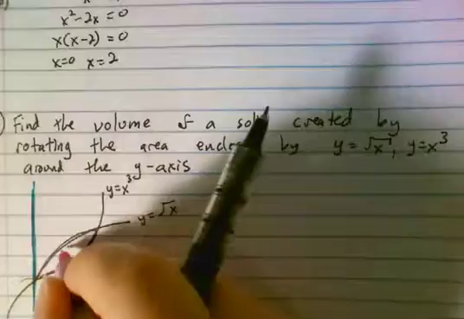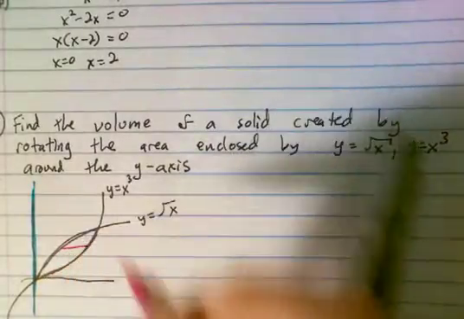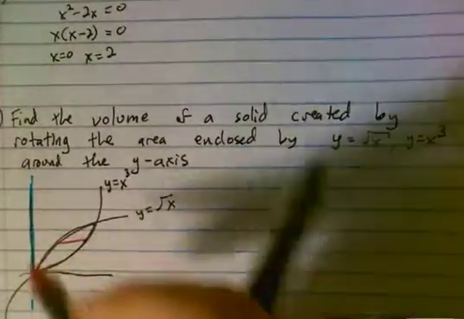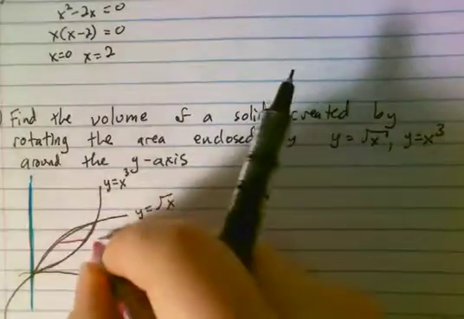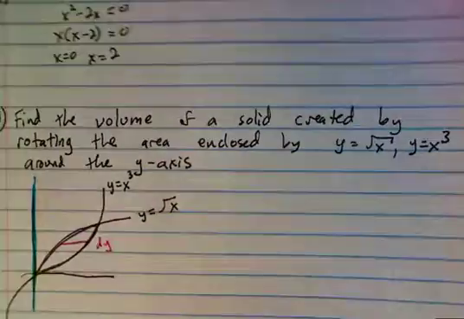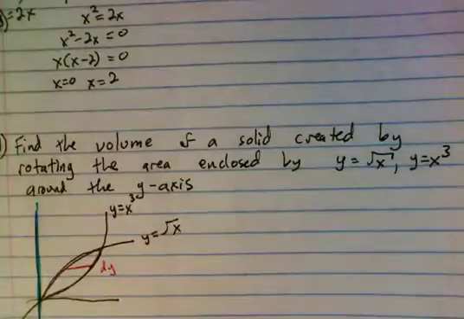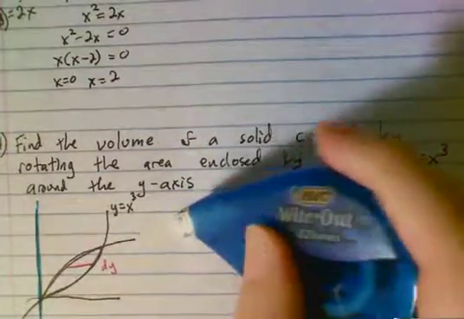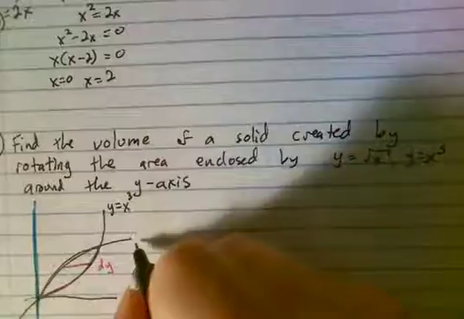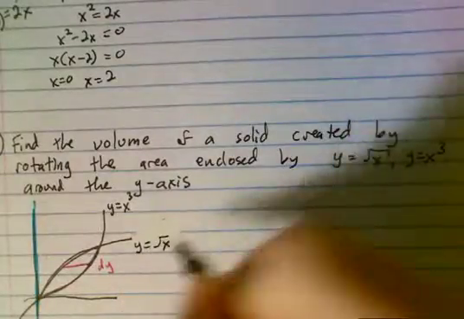So we're going to draw our line perpendicular to this blue one, which is up and down. So this is going to be a dy, meaning everything here has to be in terms of y. I'm going to need a little bit more room, so I'm going to move this one down a little bit.